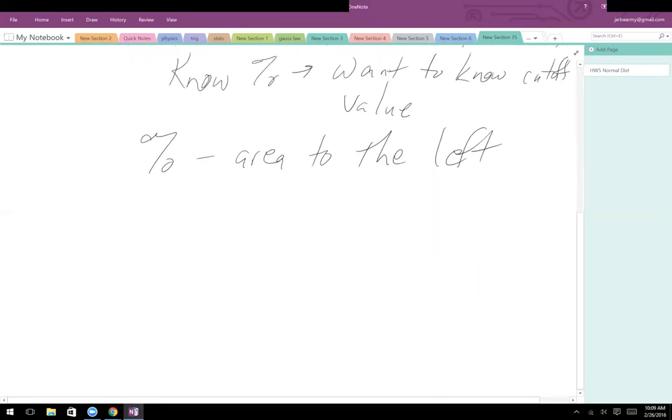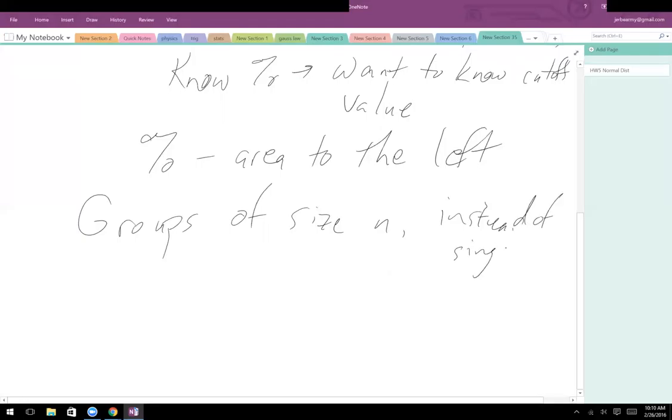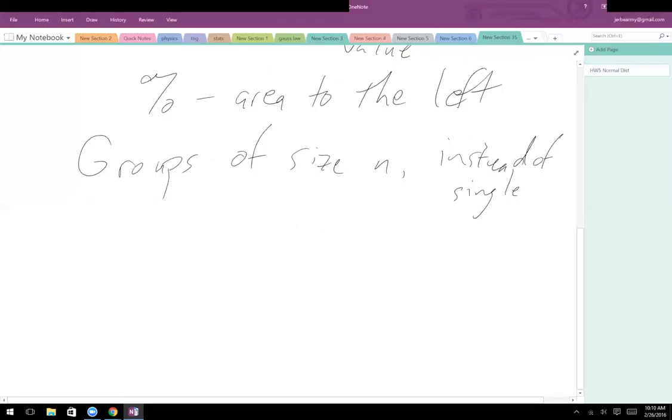And then we said if you're doing groups instead of singles, what changes? Sigma turns into something else. What is it?